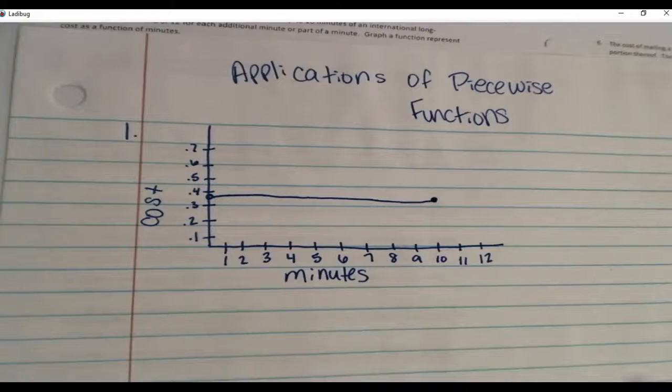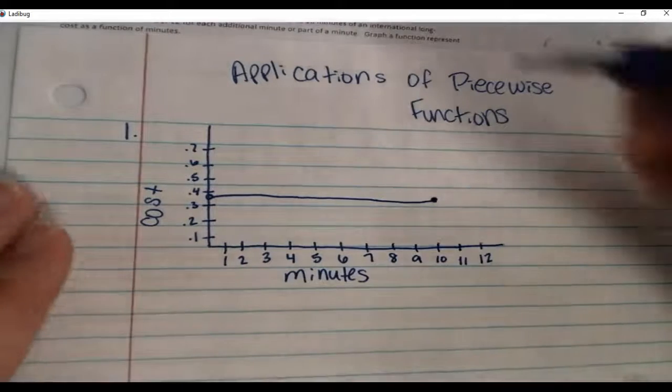Okay. So then it says, it's an additional 12 cents for every minute or part of a minute. If I talk for exactly 10 minutes and I hang up, that's 39 cents. But if I talk for 10 minutes and 1 second, they're going to charge me an additional 12 cents. So how much would it cost if I talk for 10 minutes and 1 second? If it's an additional 12 cents, and I've already paid 39 cents.